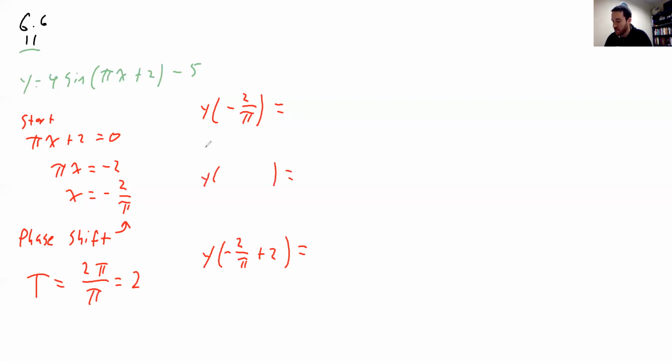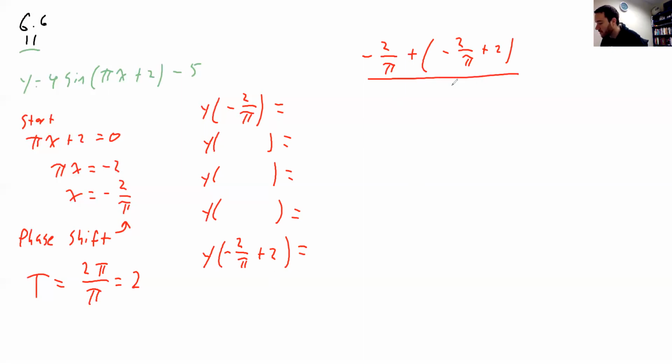Okay, now I need a middle point, a quarter point, and a 3/4 point. So my middle point is going to be halfway between the start point and the end point, and that's going to be a little tricky. The way you do that is you add the 2 points and divide them by 2.